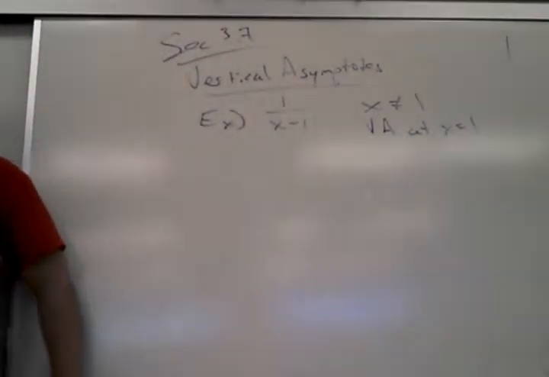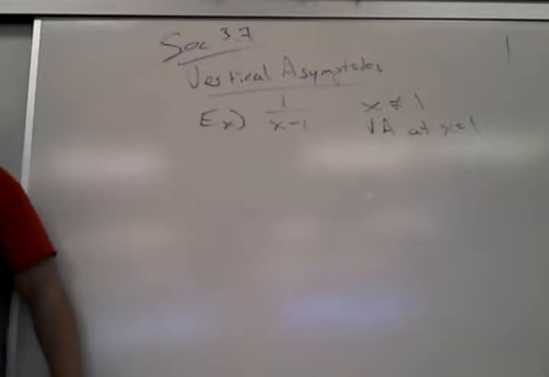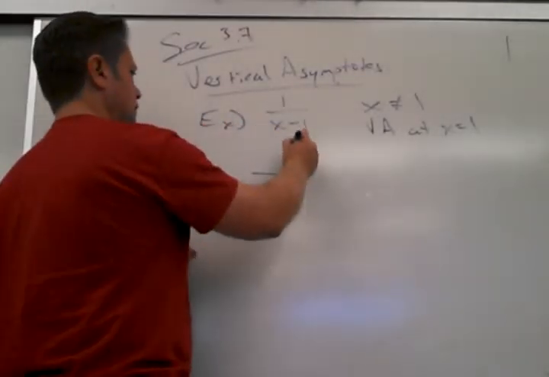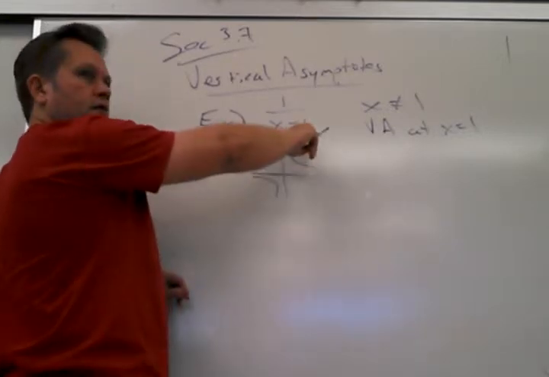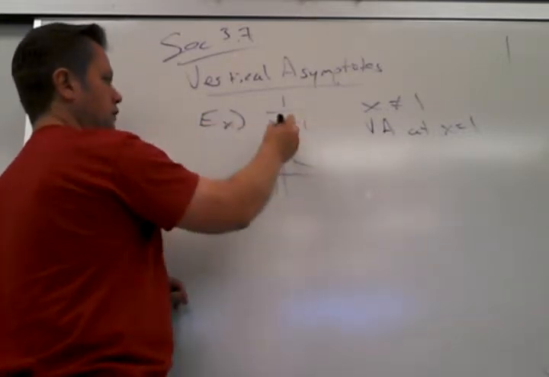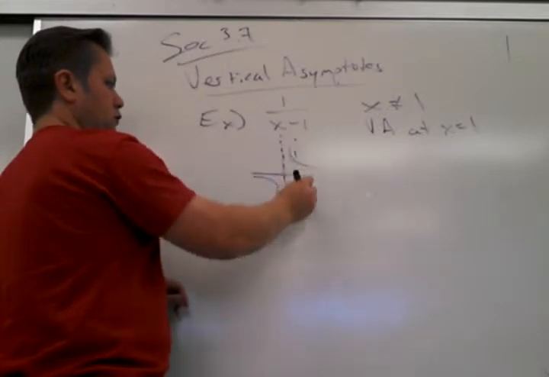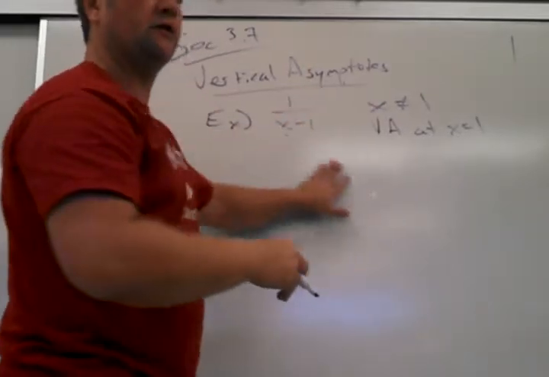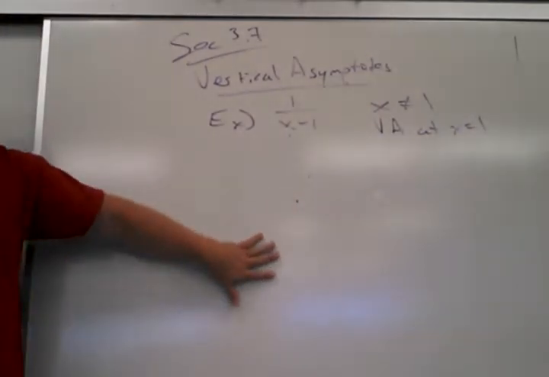And remember, x equals something is a vertical line. That's the idea of a vertical asymptote. In fact, this one is kind of simple. It's just this one shifted to the right one, so the asymptote just shifts over to 1 like we know. That's just a shift of an image that we should know.